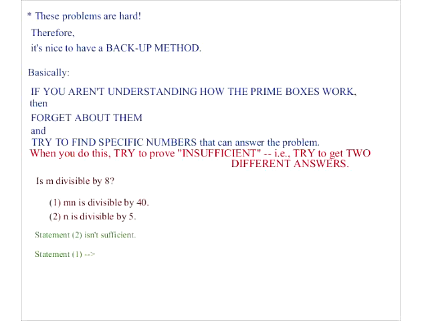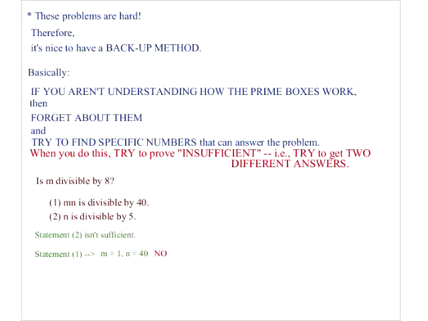So this is a yes or no question, which means we're trying to get a yes and a no here. So if we do that, statement 1, well, if m and n are 1 and 40, that's a yes to the question. Or that's a no to the question.